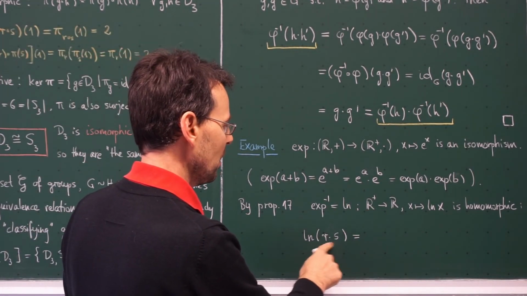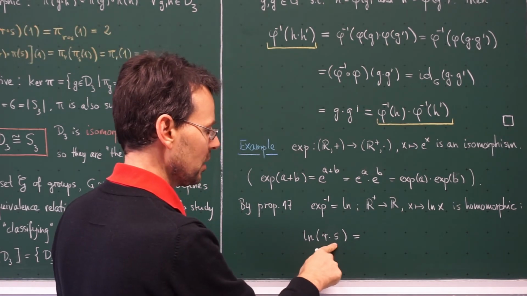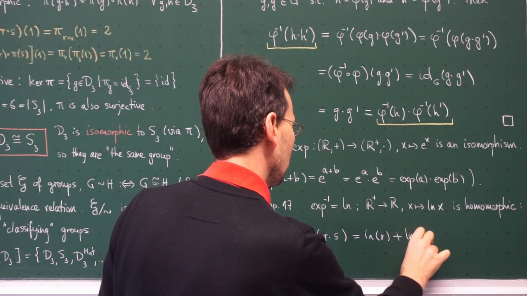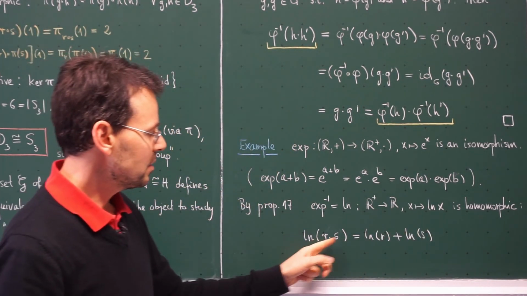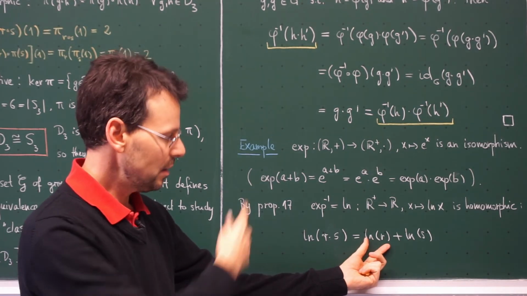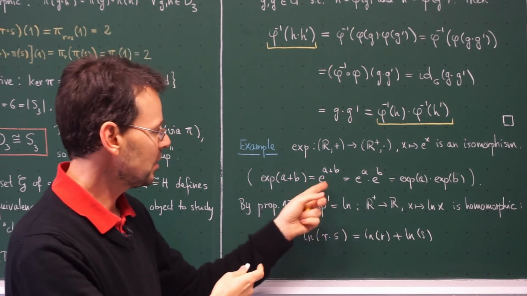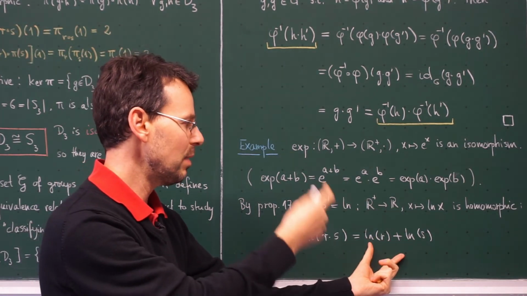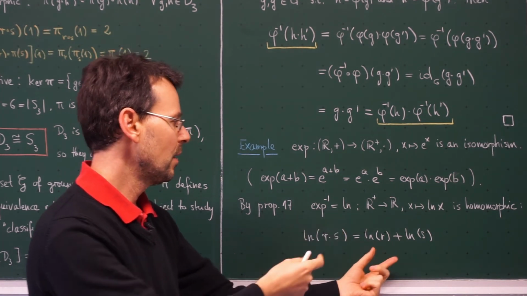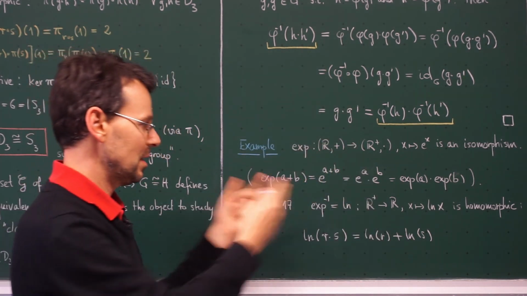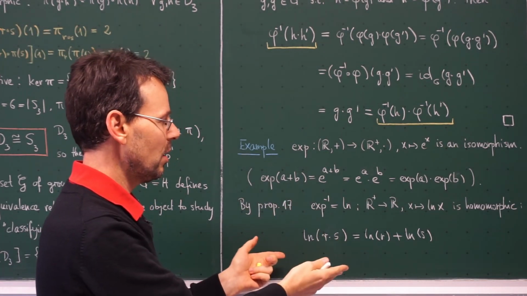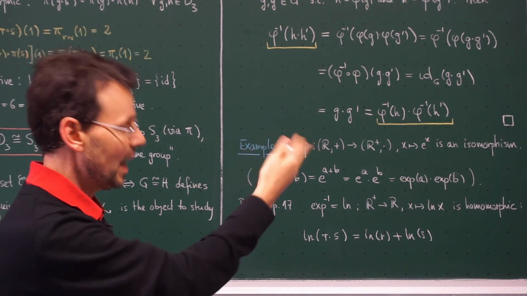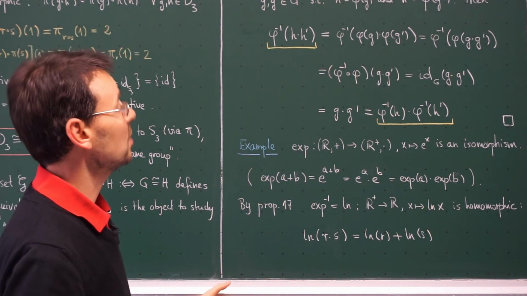It means if I take the product of two numbers, r times s, then this gets mapped to ln of r times s, the inverse homomorphism, equals, because our operation here is plus, ln r plus ln s. And we just proved that. So there's no need to prove this logarithm law, because it follows immediately from the fact that the exponential function is an isomorphism, and proposition 17.